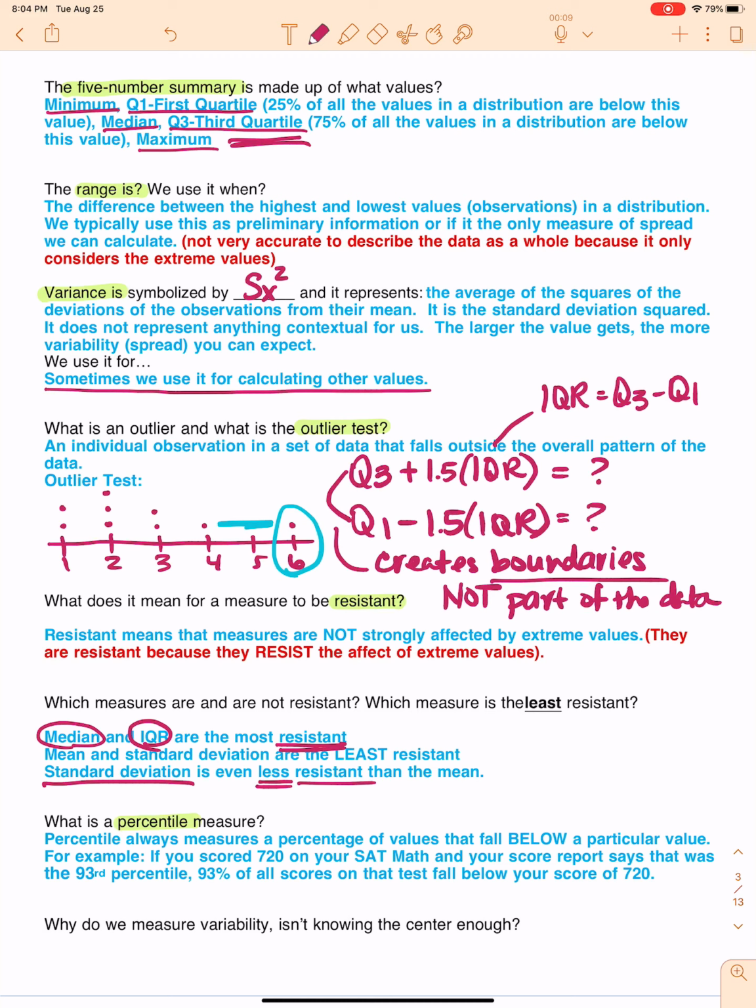That means that it is very, very much affected if there's a lot of space between one number and another one. So it is calculating that, and therefore it will be greatly affected by that greater distance between values.